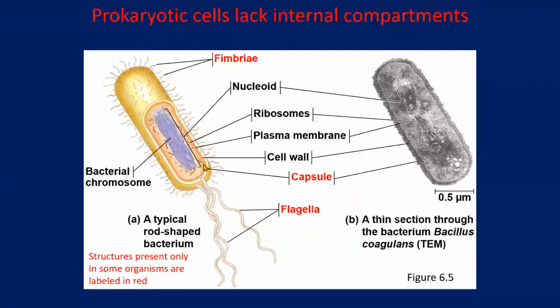Just outside of this plasma membrane, you will see the cell wall, and it is the rigid structure which protects the cell. Then there could be a capsule to it, which is something like a jelly-like structure, and it will have an extra layer of coating also.